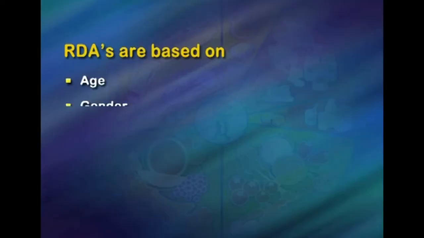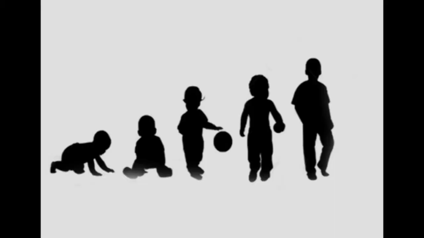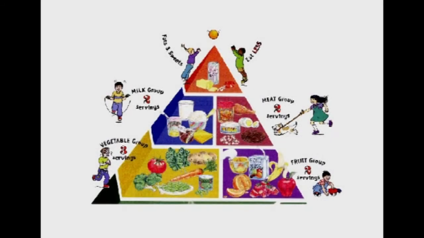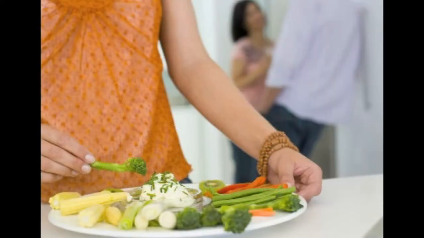RDAs are based on age, gender, body size, type of activity and physiological state. For example, a child will require more calories and proteins when compared to an adult. Females require less calories and proteins because of their lower BMR.